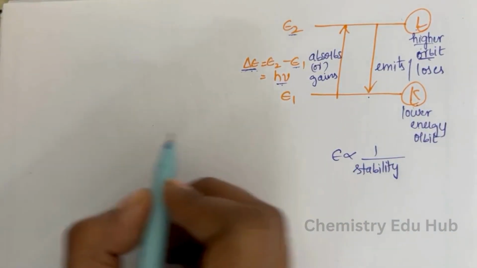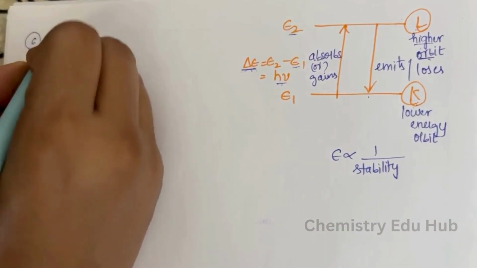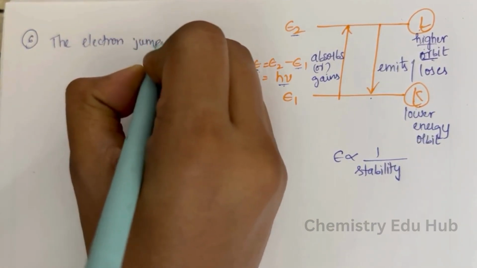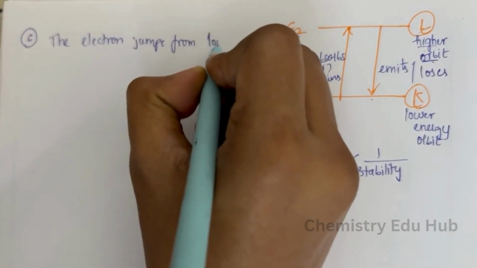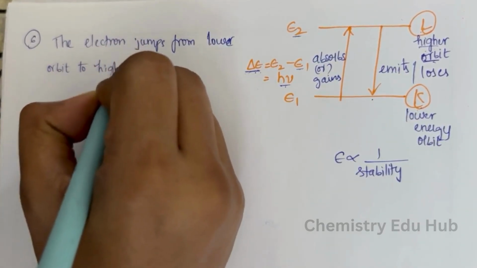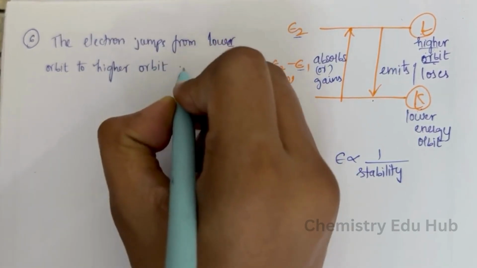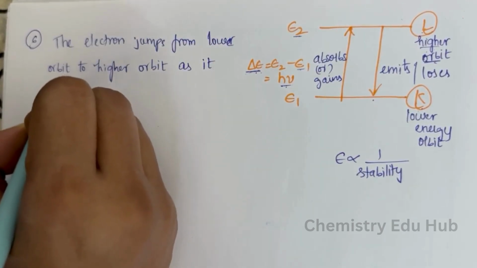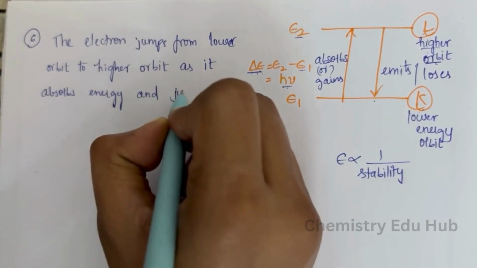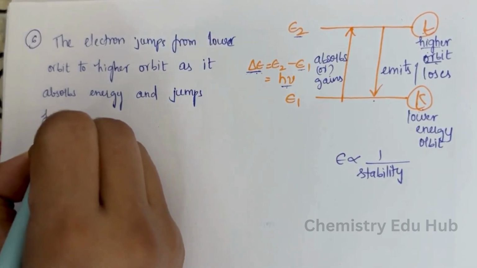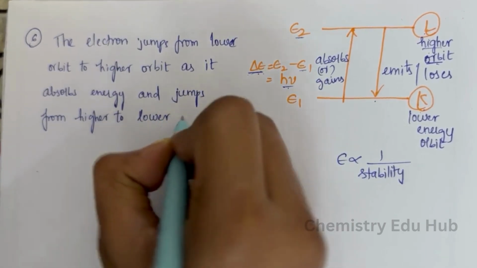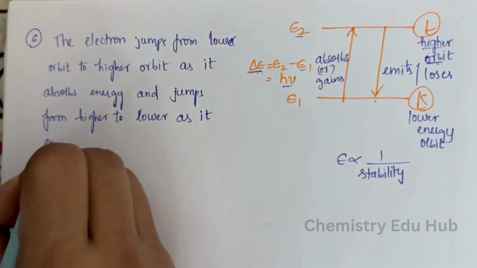So lower to higher, the electron jumps from lower orbit to higher orbit as it absorbs energy, and jumps from higher to lower as it emits energy.